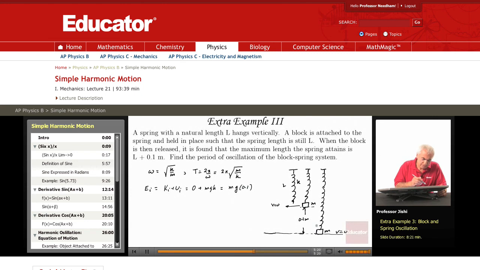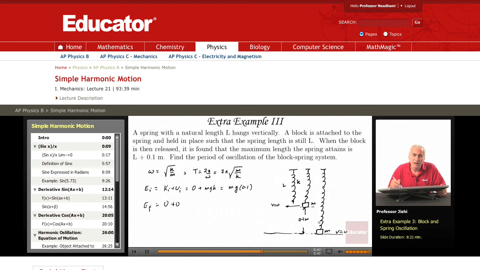E final, when the object is here, the kinetic energy, again, its velocity is 0, so the kinetic energy is 0. The height of the object now is 0, because it's measured from here. So the potential energy is 0. But the spring is extended.